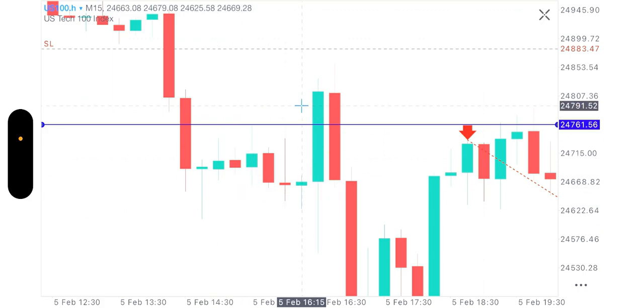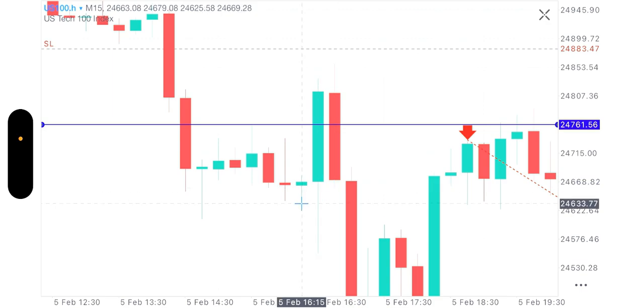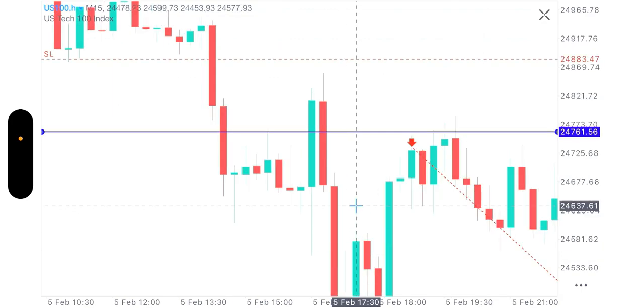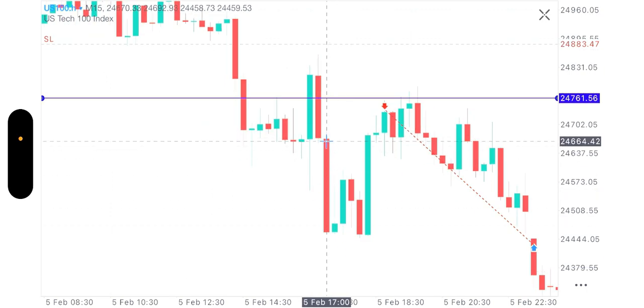As soon as we sweep that, and the candle after that immediately rejects, that's the change in the state of price delivery. Price kept rallying, and as soon as we took out the high, we quickly changed from a bullish trend to a bearish trend. As soon as we have this market structure shift, it validates our change in the state of delivery.